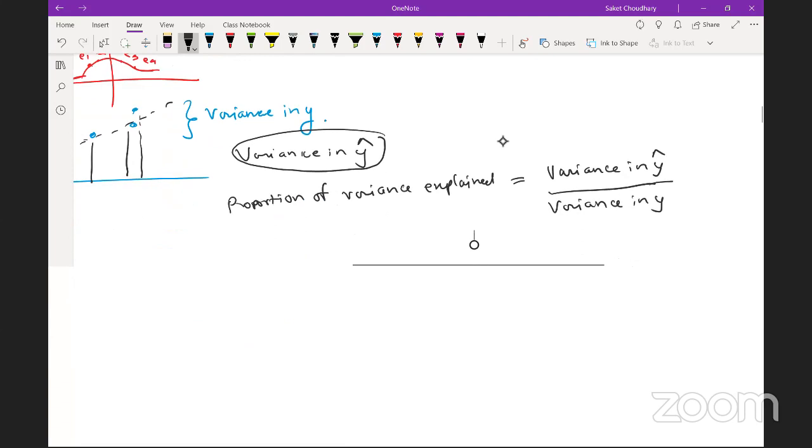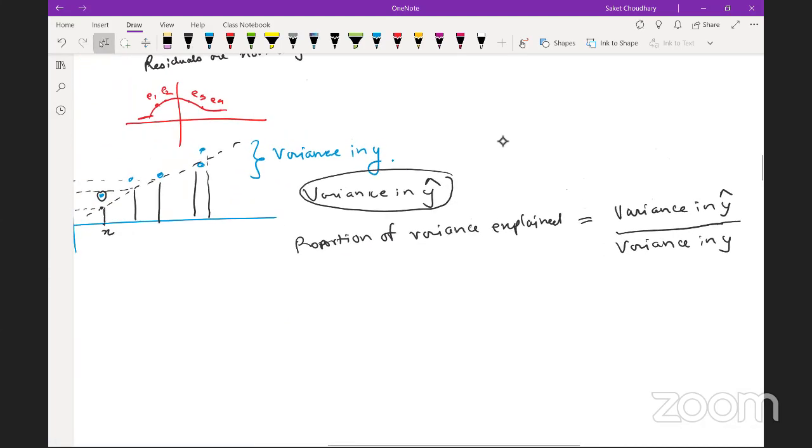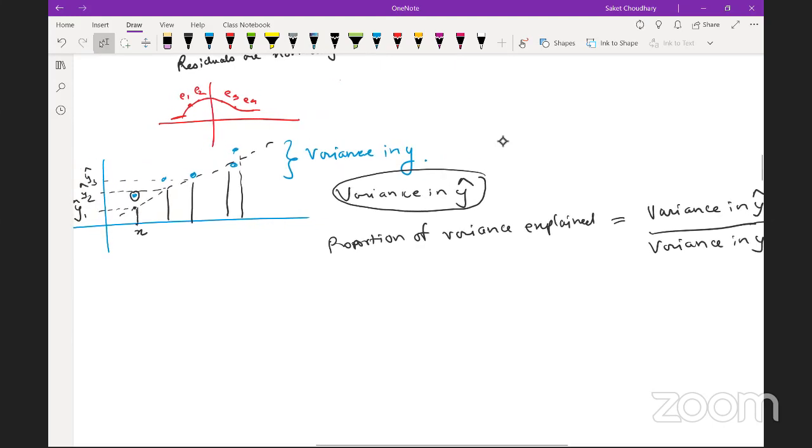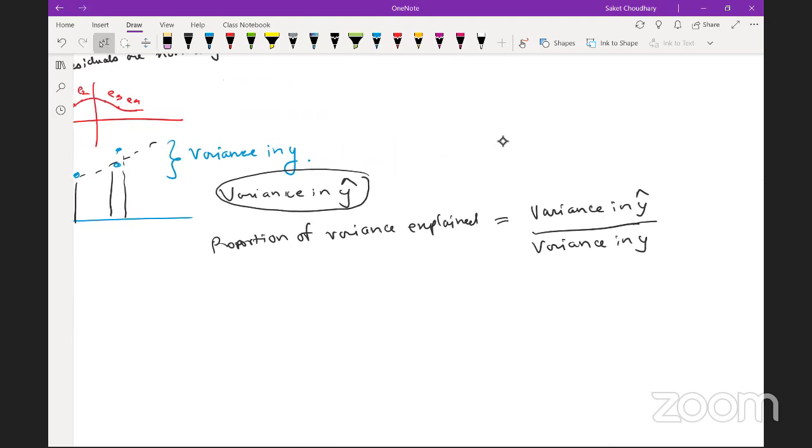Intuitively, what this means is that I've tried to fit a model and hence I'm going to observe a variance in my predicted values. The proportion between what my original values of y, which is the observed. So just to be clear, this is observed, this is predicted. How is it predicted? By beta naught plus beta 1x. Simple as that.